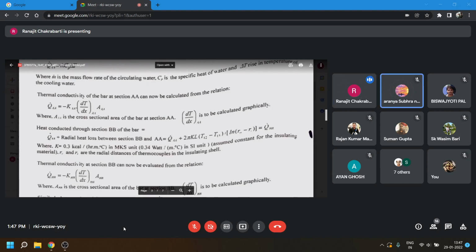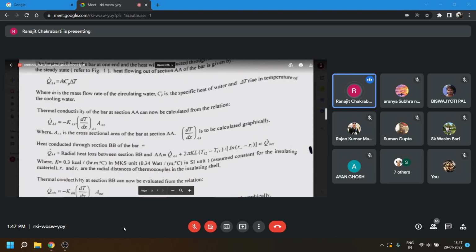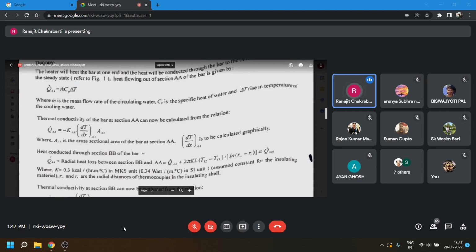Now Q dot A, how we can determine? Cold water is flowing through the jacket. We determine the mass flow rate of cold water per unit time, how much cold water is flowing through the jacket. Cp of water we know.